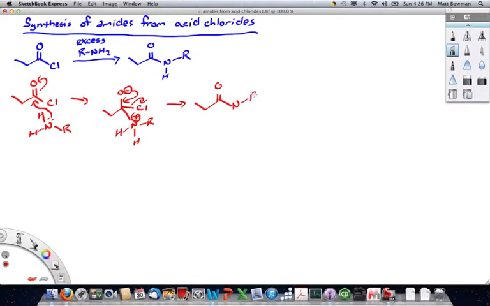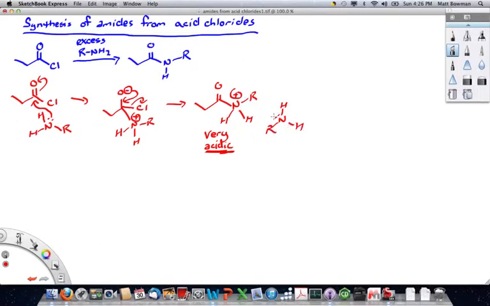At this stage, you get a protonated amide. Protonated amide is very acidic. And amines are typically basic.